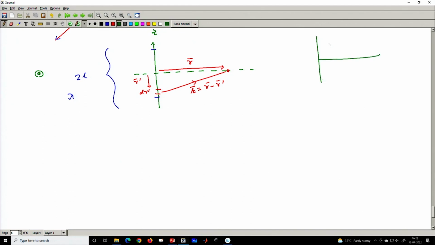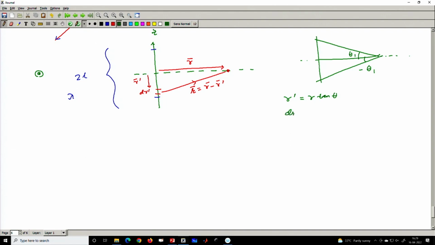When we integrate, these are the 2 end points of the wire, and if this angle is theta 1, this angle has to be minus theta 1, because I am measuring from this axis, and r prime is equal to r tan theta, because r prime divided by r is tan theta.